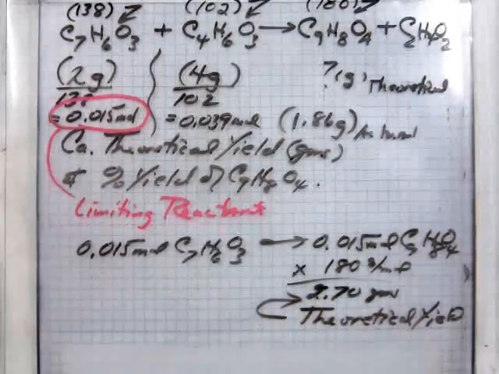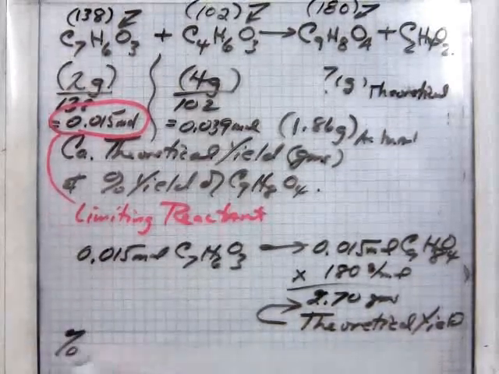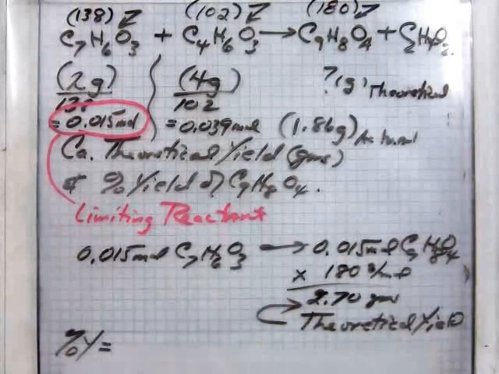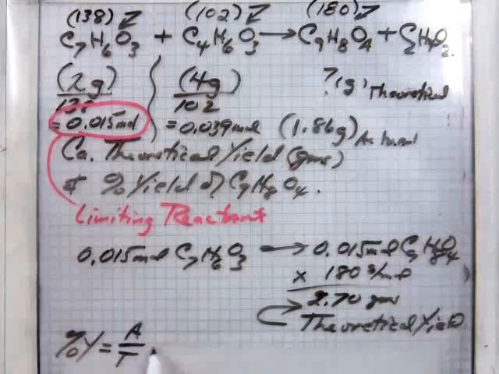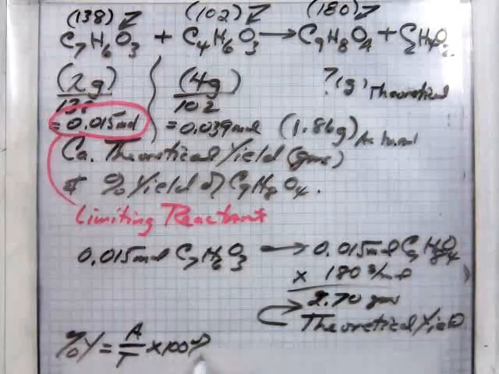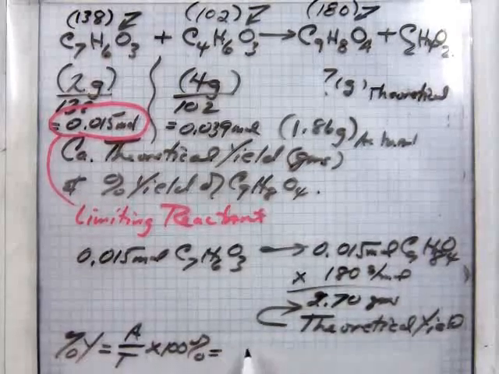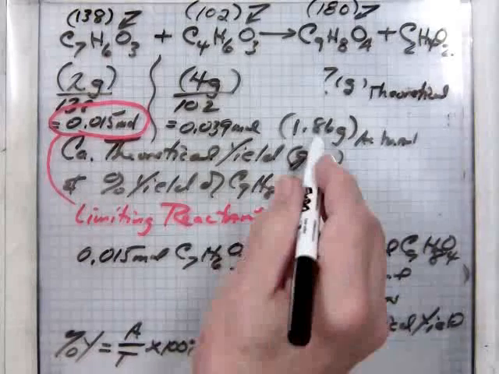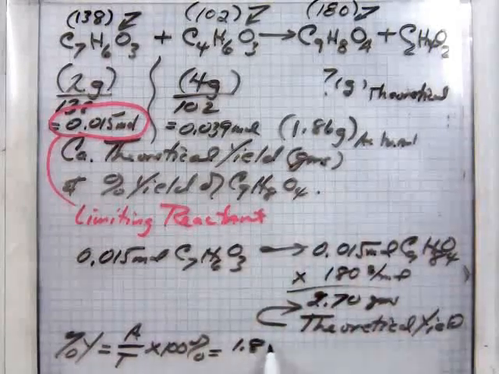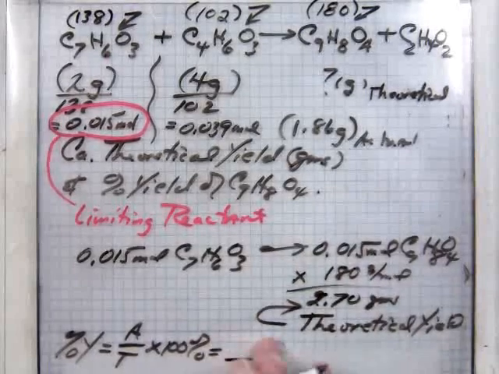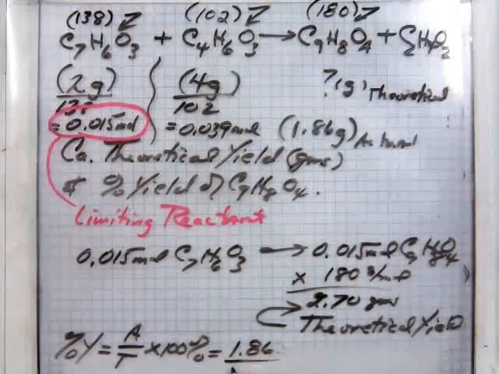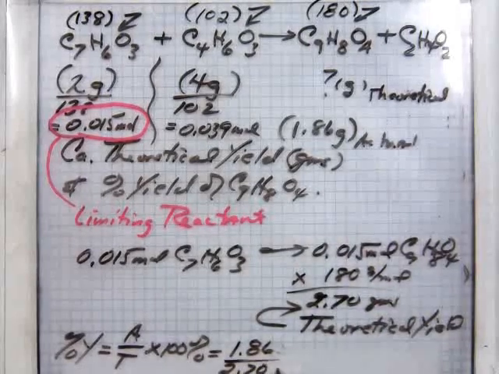There. So the percent yield now is the actual over theoretical times 100%. So that is 1.86 given, divided by 2.70 grams.